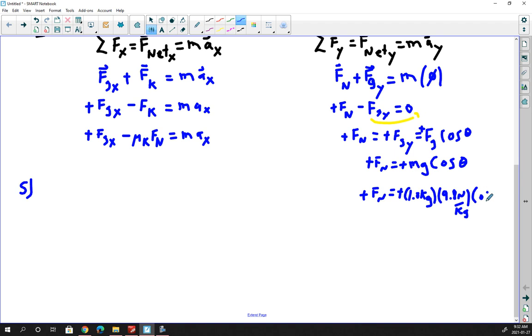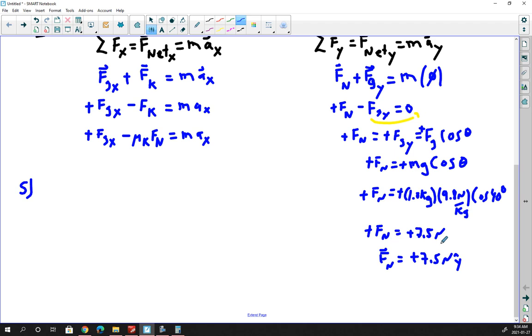And the cosine of 40 degrees. So put that in your calculator, see what you get. I hope you got that this would be positive 7.5 newtons. If you want to return to full vector notation, you could say normal force is positive 7.5 newtons y hat. Remember, we dropped the vector notation, so all we did there was calculate the magnitude.